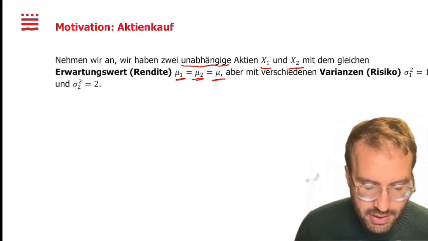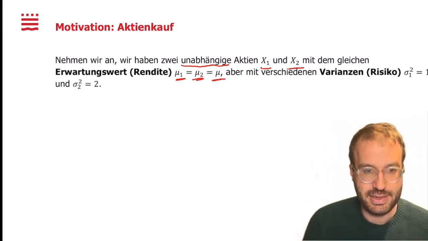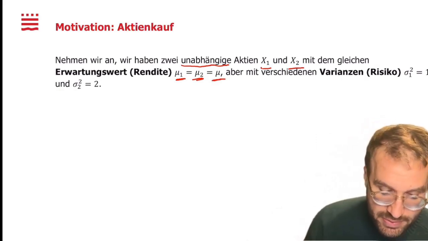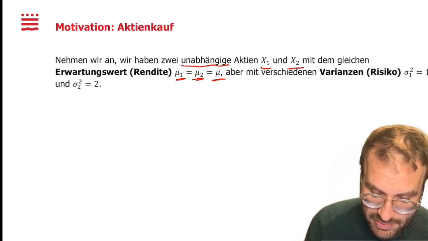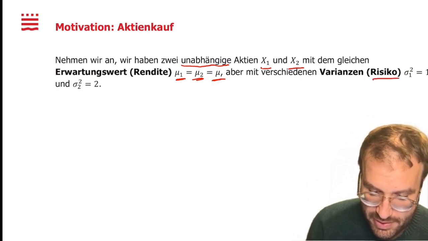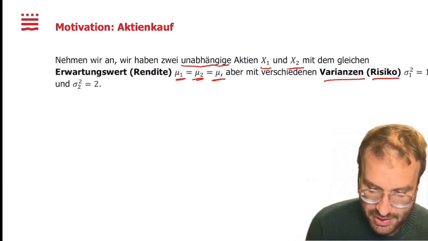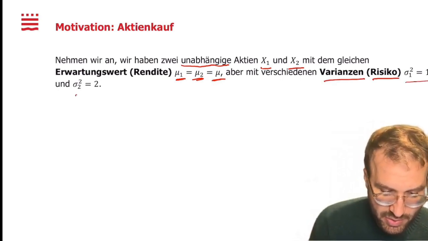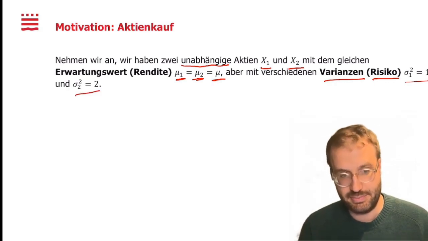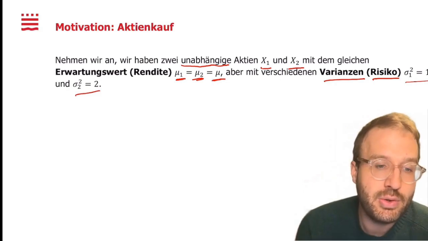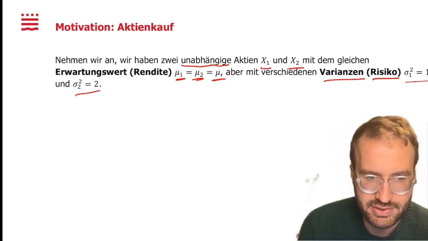Exactly. So that means the expected value of the two random variables is identical, but they have different levels of risk. And the risk is described by the variance. And we assume that stock 1 has a variance of 1 and stock 2 has a variance of 2. This means, in general, that stock 1 has a significantly lower risk than stock 2.